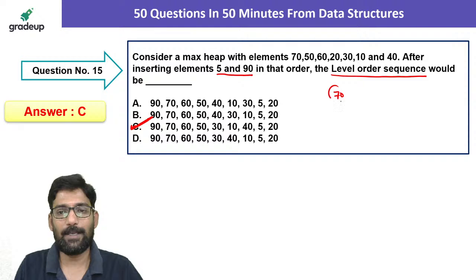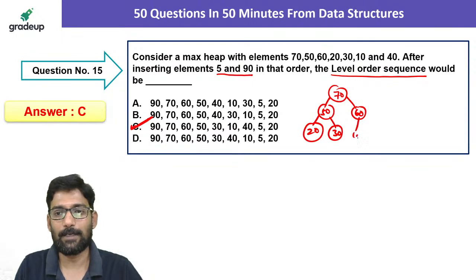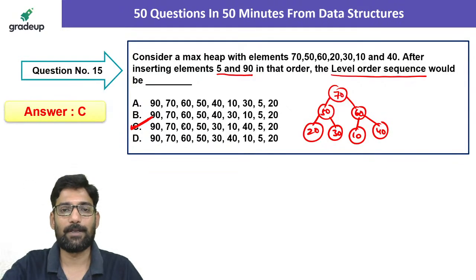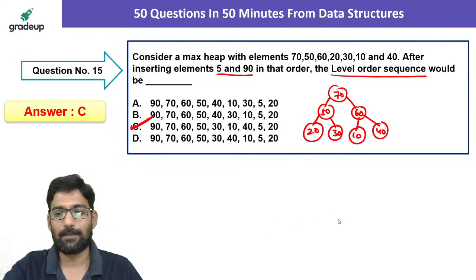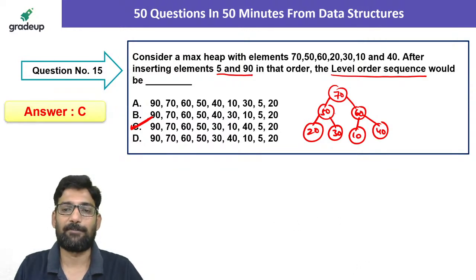So 70, 50, 60, 20, 30, 10 and 40 we have. So this is the given max heap. Now we are inserting first 5. Where you insert as left child of 20.